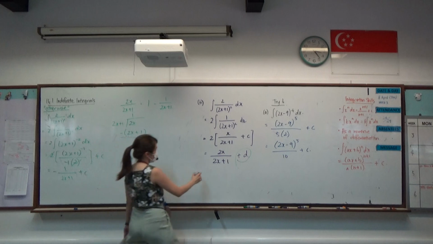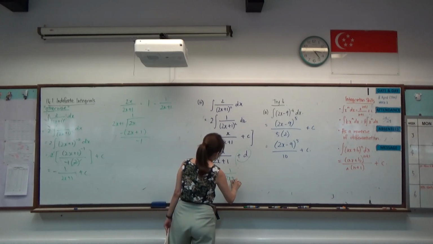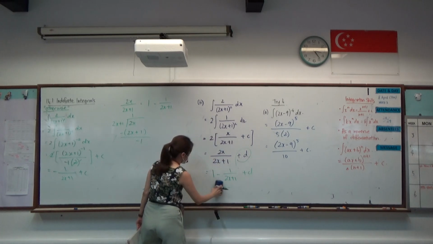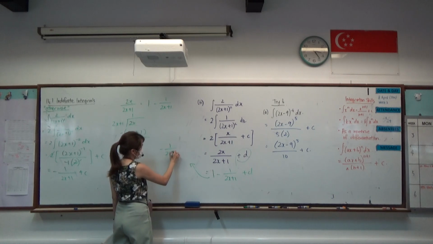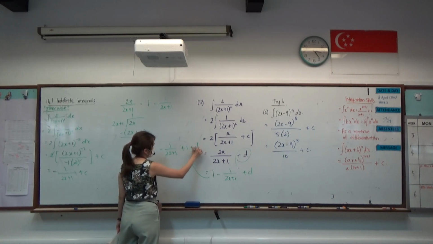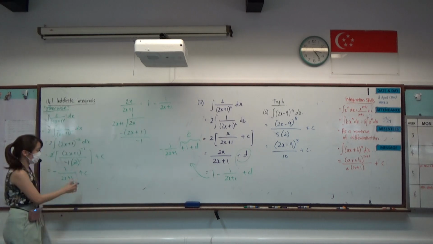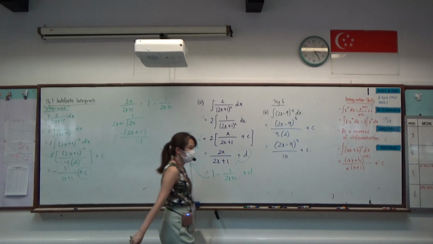So essentially, this refers to a 1 minus 1 over 2x plus 1, plus d, which is negative 1 over 2x plus 1, plus 1 plus d. So this 1 plus d refers to the constant here, c. So the constant values are different.